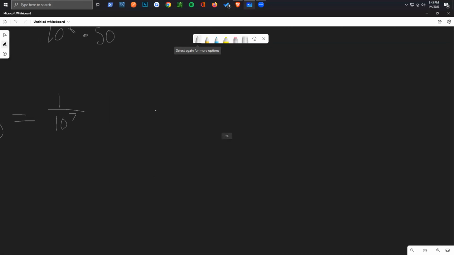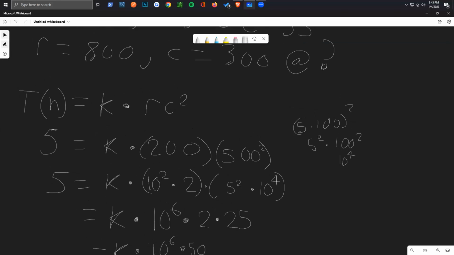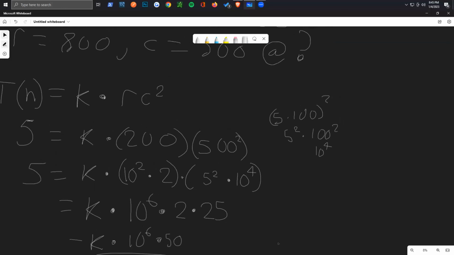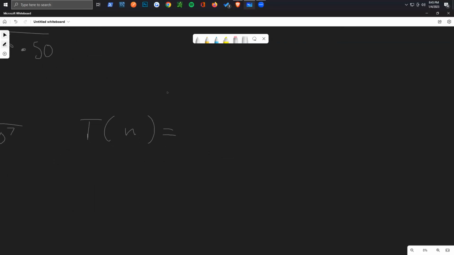So now we have the constant. We just have to figure out what the time is going to be based on whatever inputs we're going to pass in. So we're going to pass in, what was it? It was R and C of 800 and then 300. So I'll just say N, or really whatever we're going to be passing in.